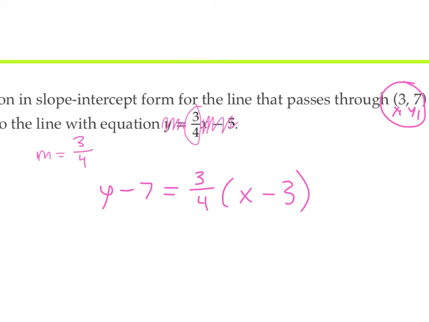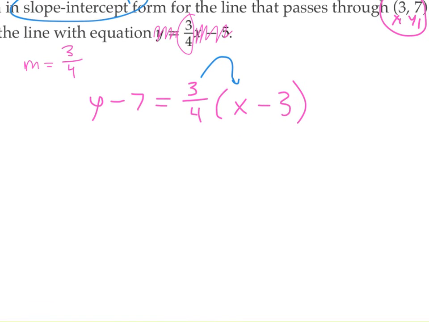Now, how do we get this equation to slope-intercept form? What do we do first? Distribute the 3/4. So 3/4 times x is 3/4 x, and then 3/4 times 3, which is 3 over 4 times 3 over 1.